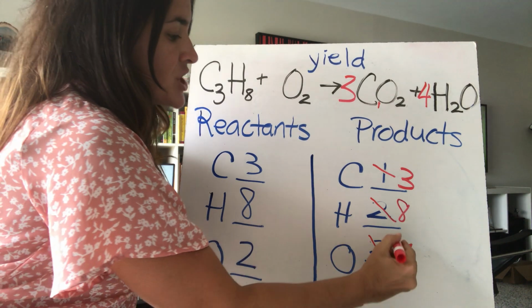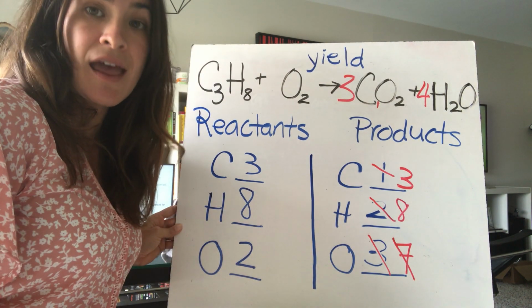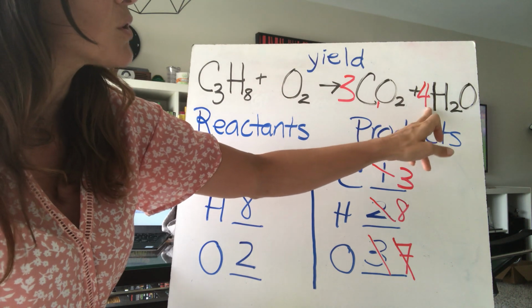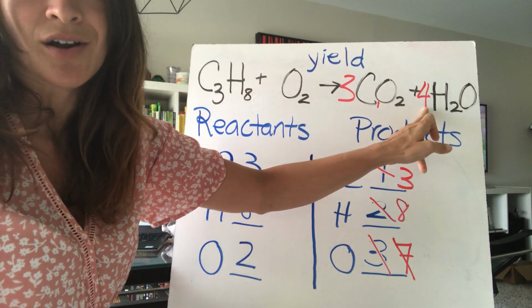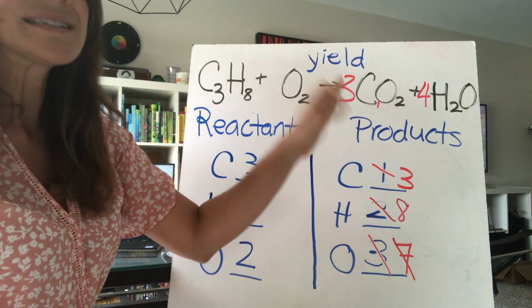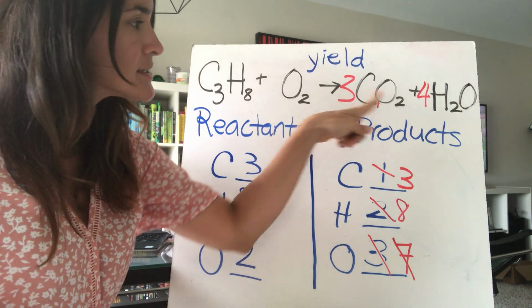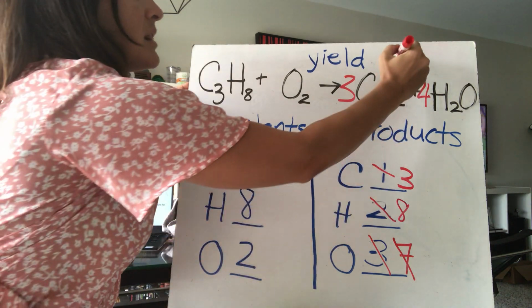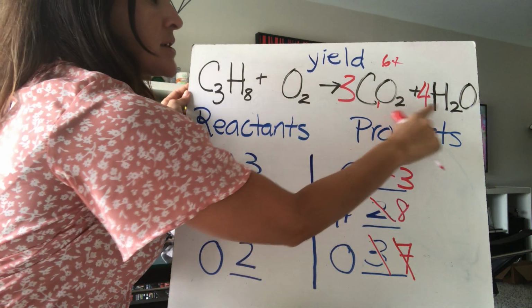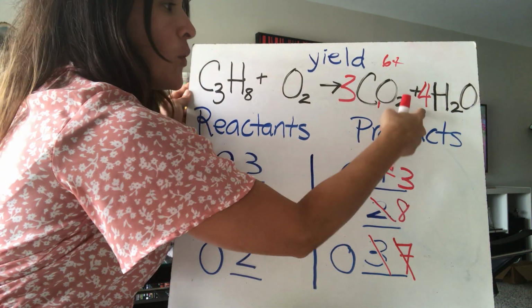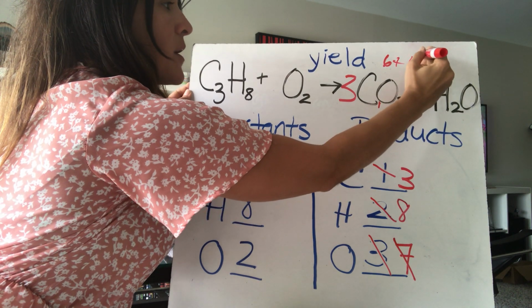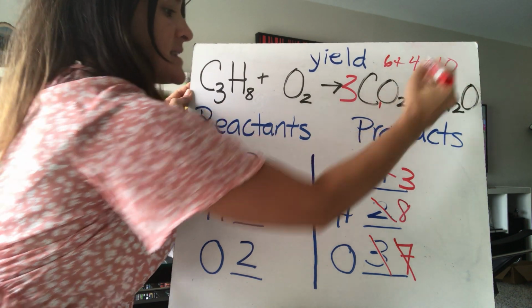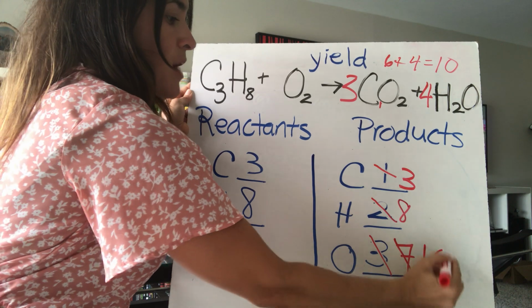And I have to change the oxygens again, because I put another coefficient that's going to affect the oxygens. So let's count again. 3 times 2 gives me 6 oxygens, plus 4 times 1. 4 times 1 is 4. That gives me a total of 10 oxygens on the product side.